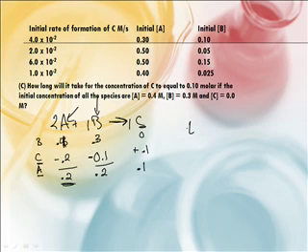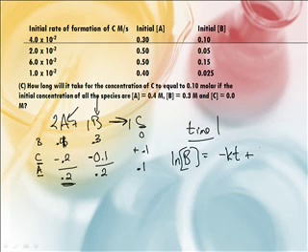Now, we're trying to find a time. When you're trying to find time, the key thing is we use the integrated rate law. This is a first-order reaction, and the integrated rate law for a first-order reaction is the natural log of B equal to negative kt plus the natural log of B original.